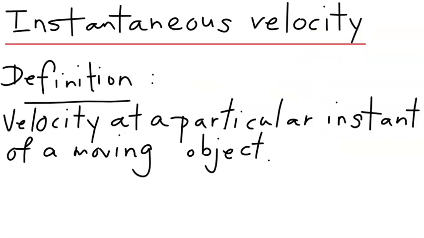Now let's look at instantaneous velocity. Instantaneous velocity of a moving object is the velocity at a particular instant, or velocity at a particular time t. So the way we represent or write this instantaneous velocity is like this, as a function of time. The mathematical definition of instantaneous velocity is as follows.